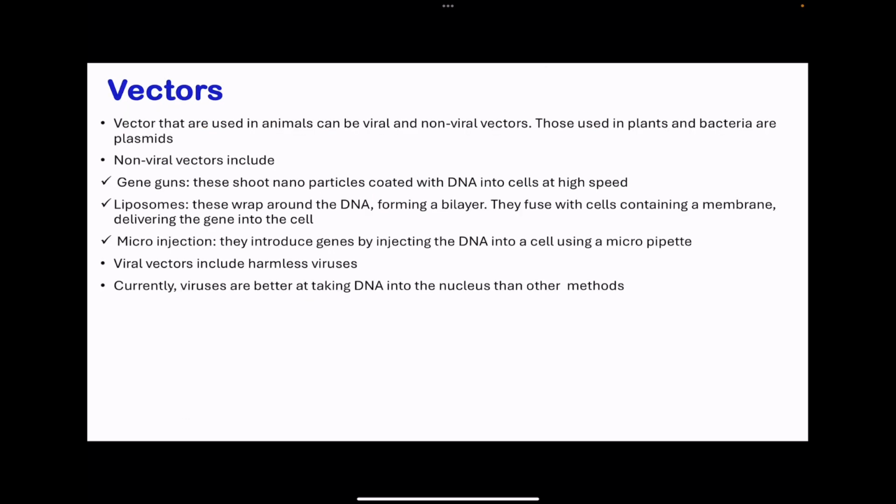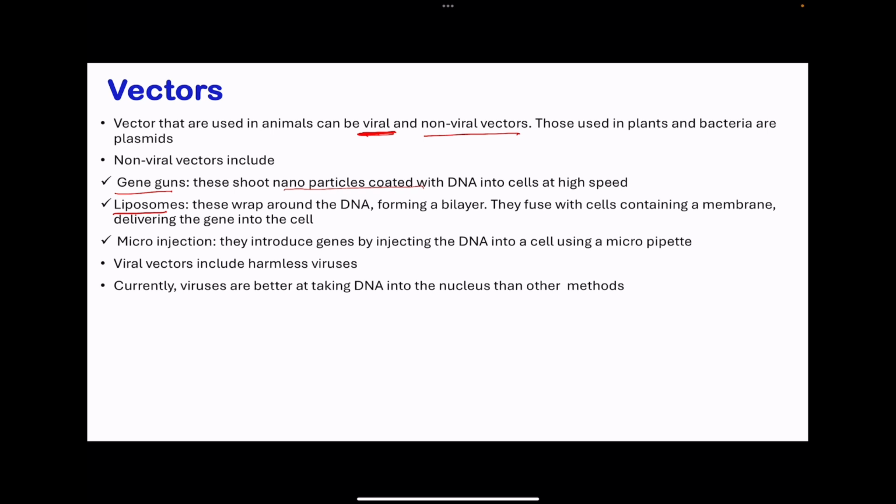Vectors are used to deliver the genetic material into the organism that is intended to be transformed, and this can be viral or non-viral. The viral vectors involve using viruses that have been weakened or that are not going to cause any problems, while the non-viral vectors include the gene guns, which shoot nanoparticles coated with DNA into cells at high speed. They include the liposomes.